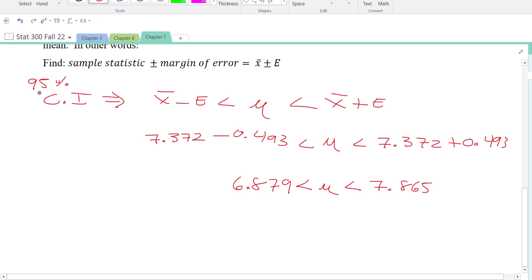And we can say with 95% confidence, the average, right, or parameter, the average number of hours slept by ARC students on a typical night is less than the recommended amount. And that's because the entire interval is under 8 hours. So we can say, well, then the parameter is going to be definitely under 8 hours. So ARC students are sleeping under the recommended amount.